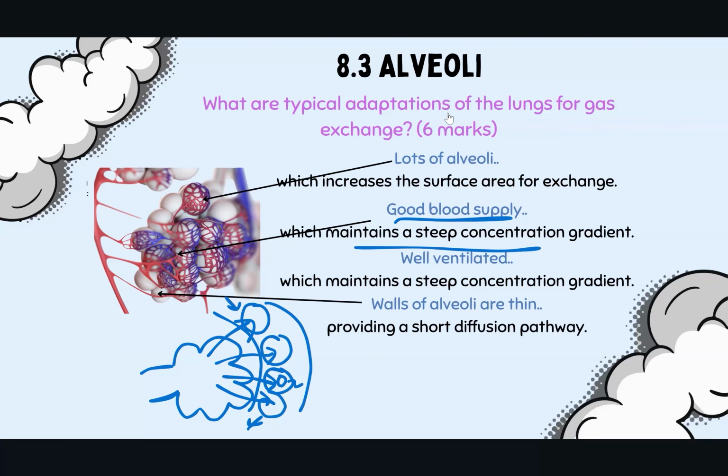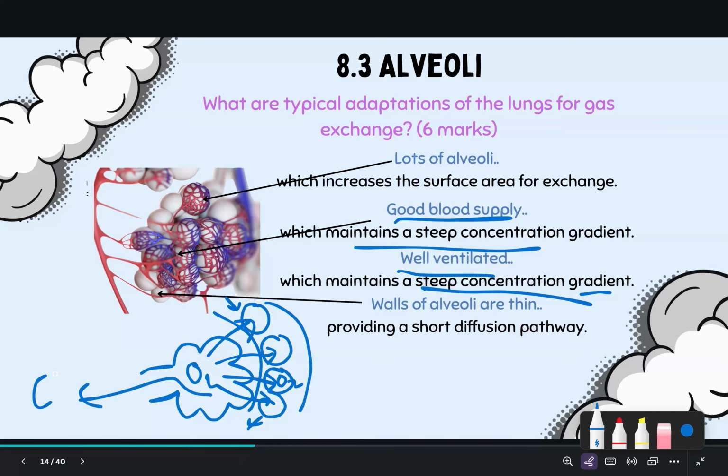Also, well ventilated, which maintains a steep concentration gradient. Well ventilated means we're breathing in and out. So when we breathe in, we bring in more oxygen. When we breathe out, we remove the carbon dioxide. So that means we keep this full of oxygen and we keep emptying out the carbon dioxide from it.